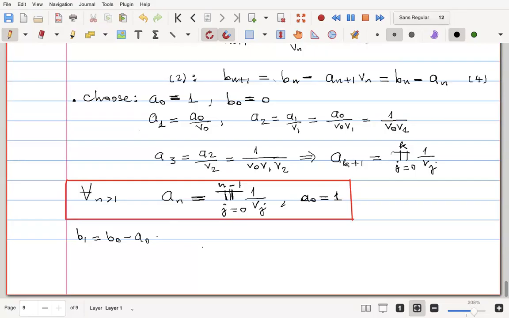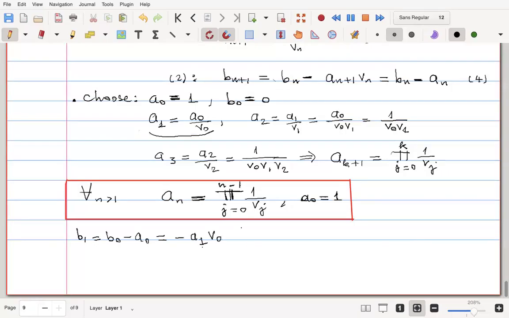So b_0 is 0, and a_0 is the product a_1 v_0. This is a more elegant formula.